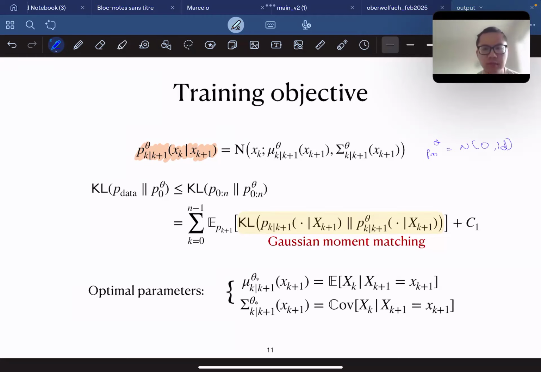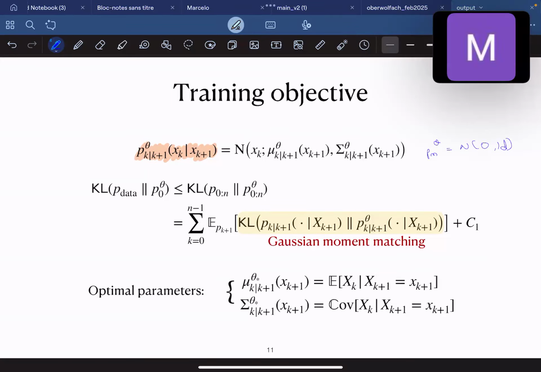If you compute the Kullback-Leibler between the two path distributions, which of course upper bounds the likelihood of my data with respect to the marginal of my model, this divergence can be decomposed as a constant which does not depend on theta, and the sum of an expectation under pk plus 1, where pk plus 1 is the k plus 1 marginal of my ideal model, which I can simulate if I have some data, of the Kullback-Leibler divergence between the two conditionals.